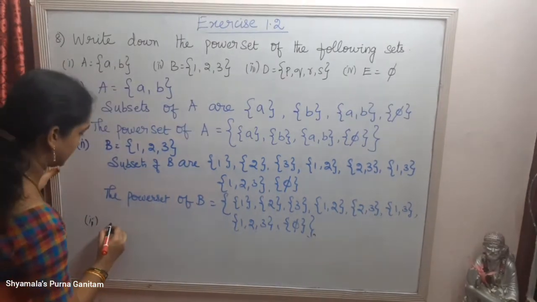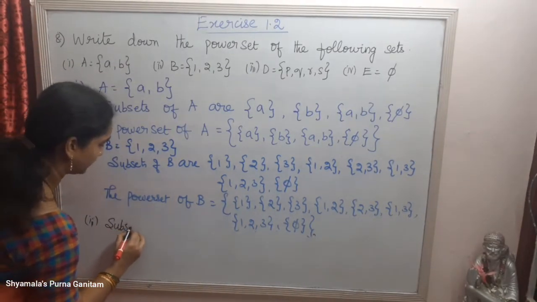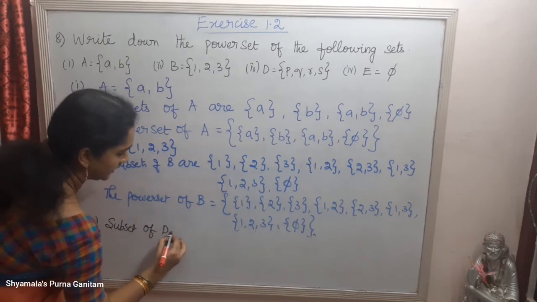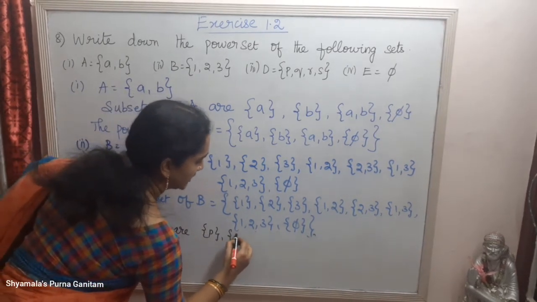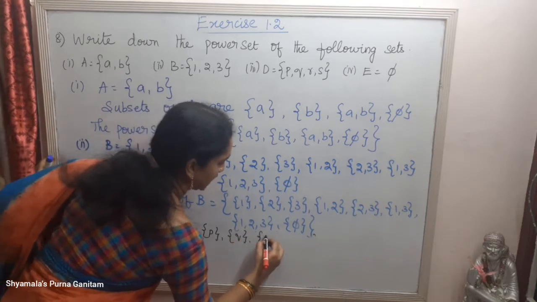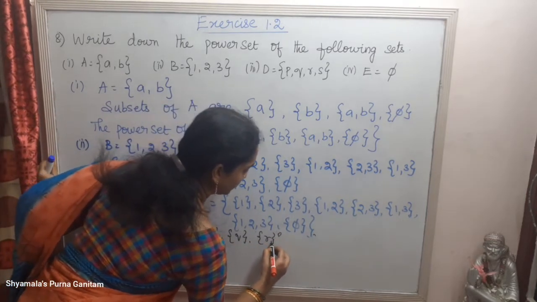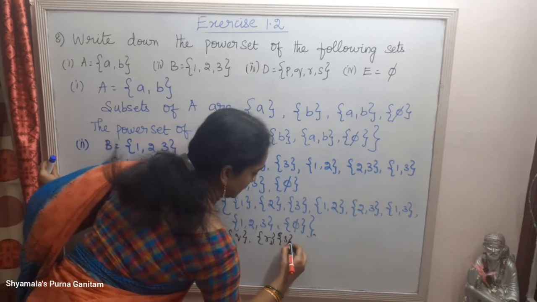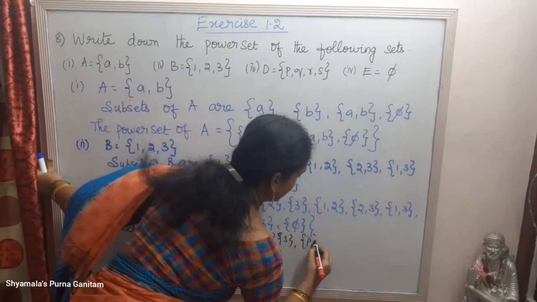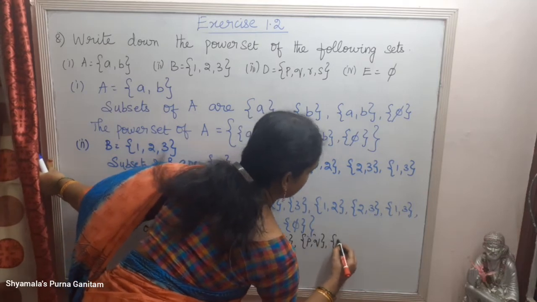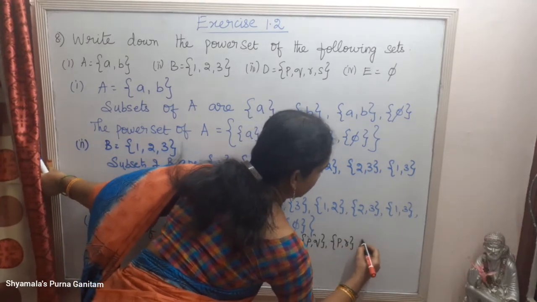Then D is the set {P, Q, R, S}. We'll write all the elements separately first: P, Q, R and S. Then two elements we will combine: PQ, PR and PS.